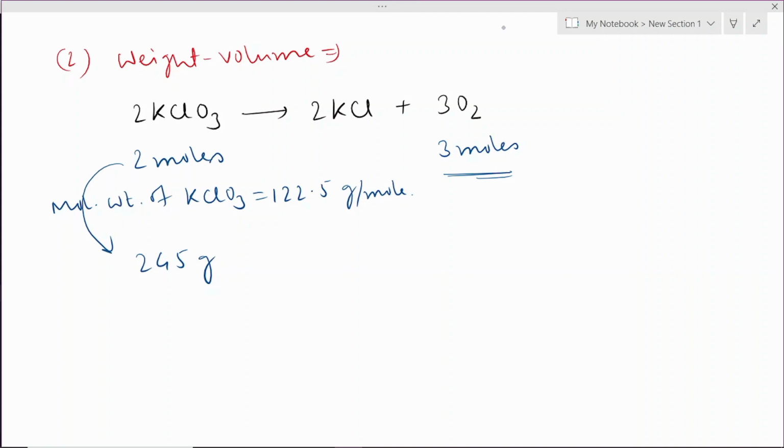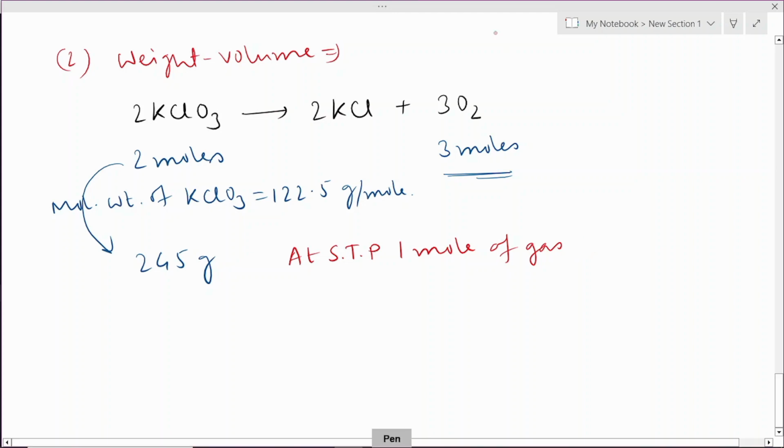At STP we know that the volume of 1 mole of gas is 22.4 liter. So here 3 moles of oxygen gas are released.